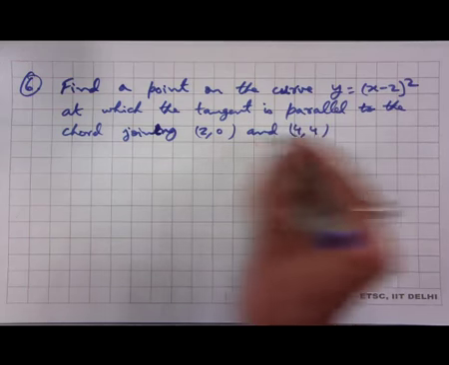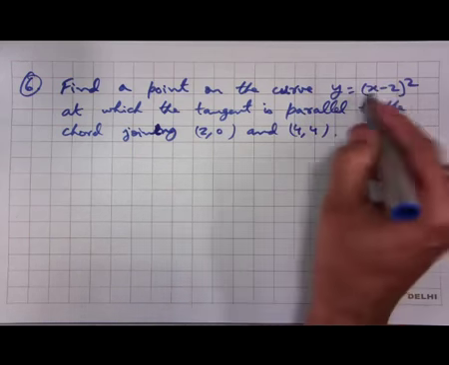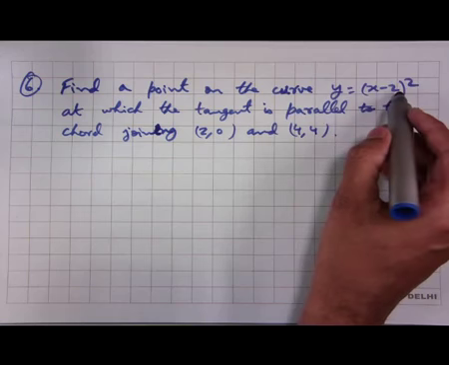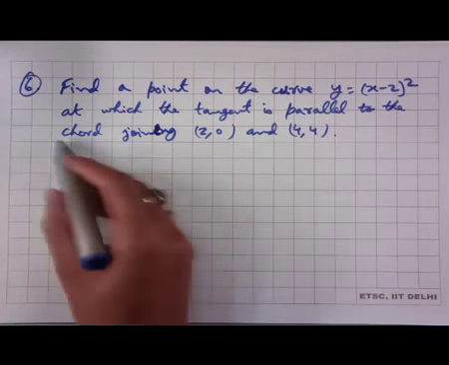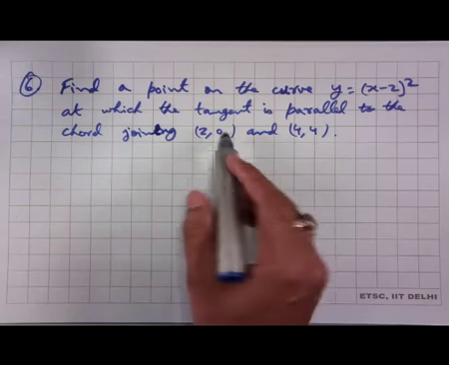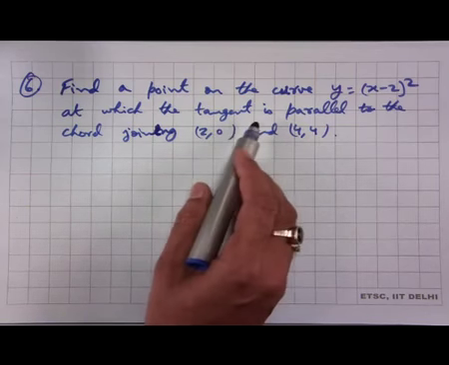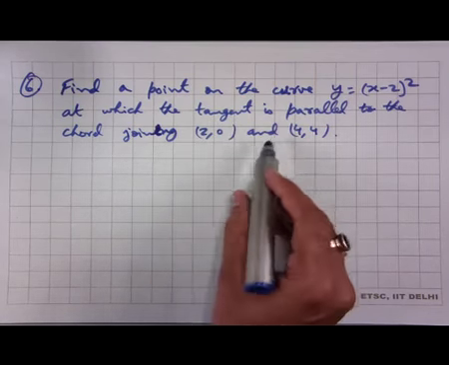So, these 2 points are on this parabola y equal to x minus 2 squared, and we need to find the point where the tangent is parallel to this chord joining these 2 points.